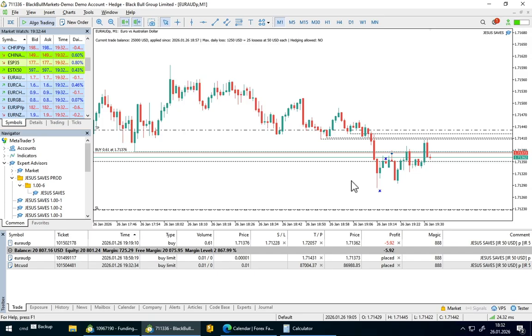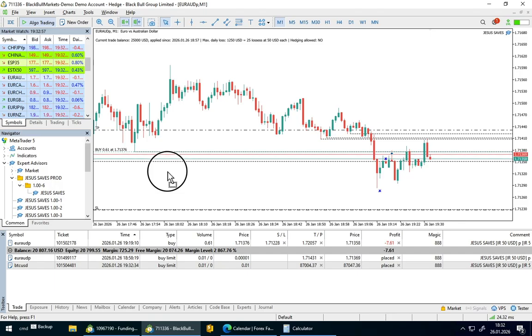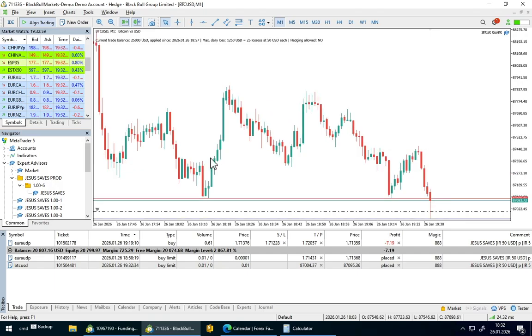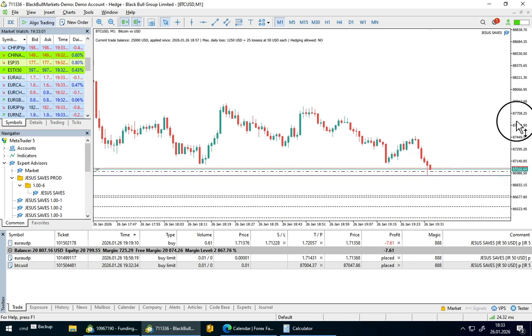But we can't see any levels in the smartphone app. When we switch to the desktop application and I drag and drop the BTC USD here, then you can see the levels.